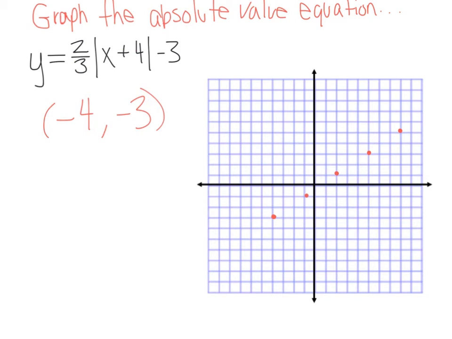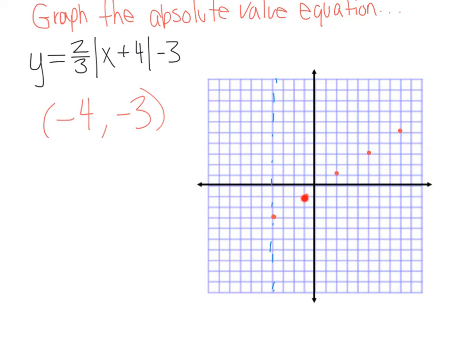This is an absolute value function, so to find my next few points, I'm going to use my axis of symmetry. That's the line that goes through the vertex. All I need to do is take all the points that I graphed on the right side and reflect them over the axis of symmetry.